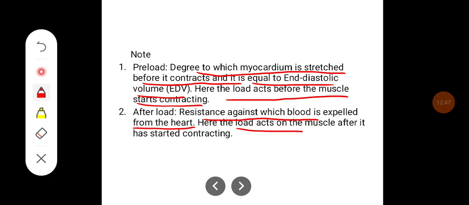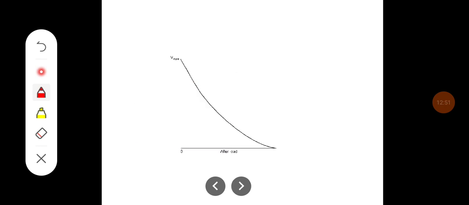Here the load acts on the muscle after the muscle has started contracting. So this diagram shows the relation between the Vmax and the afterload. When afterload is 0, the Vmax, that is velocity of contraction, is maximum, and as afterload increases, the velocity reduces.